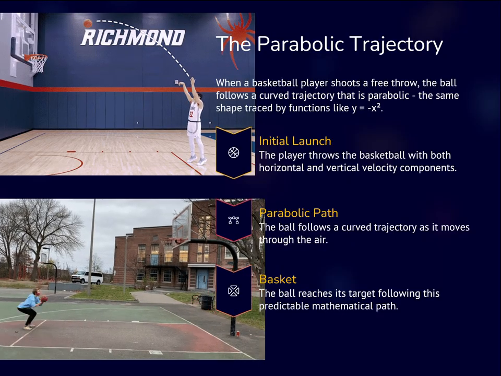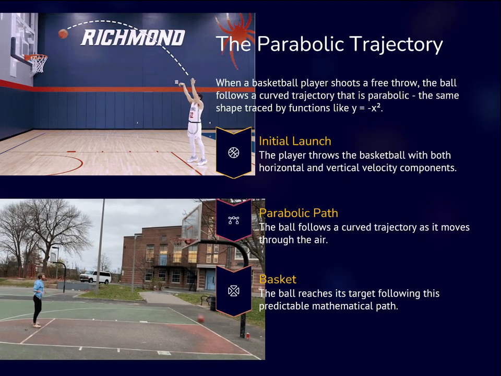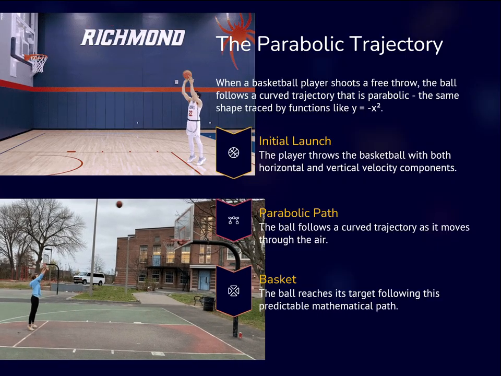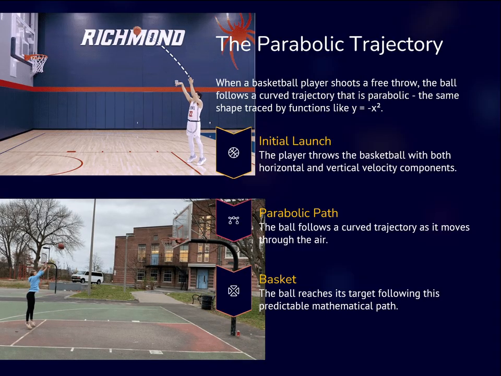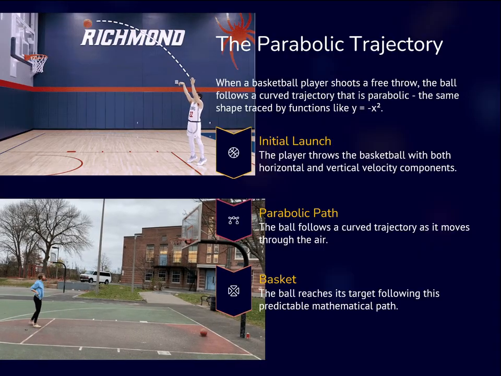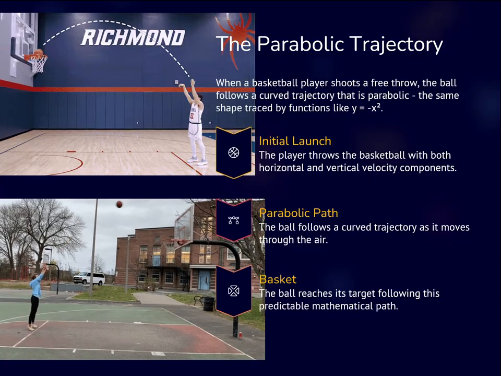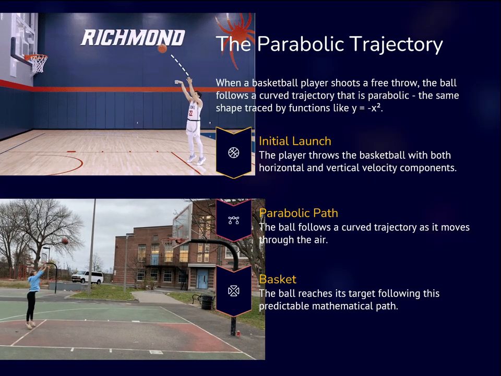First, the athlete launches with velocity in both the horizontal and vertical directions. As they rise, or as the basketball rises, gravity slows their vertical motion. Then at the peak of the arc, vertical velocity is 0 for just a moment.